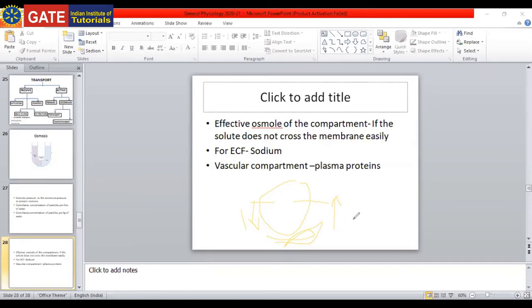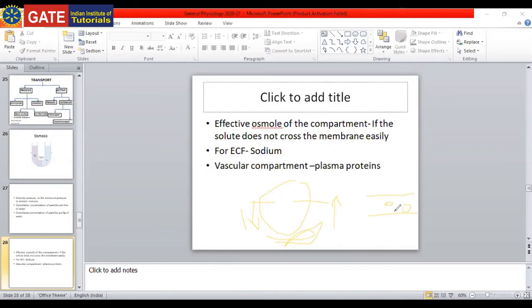If this is our vascular compartment, we will have the plasma proteins here, and because of these plasma proteins, they exert a pressure, and that pressure is called the colloid osmotic pressure. So in case you have less amount of plasma proteins, what will happen to the colloid osmotic pressure?